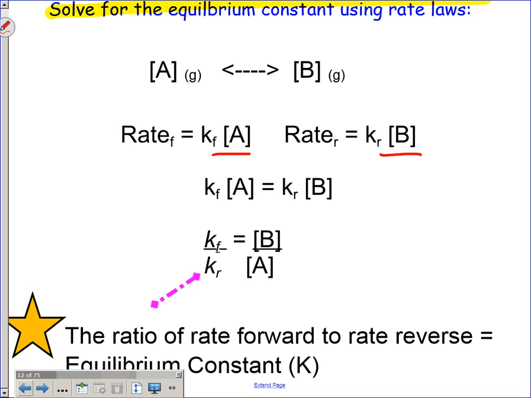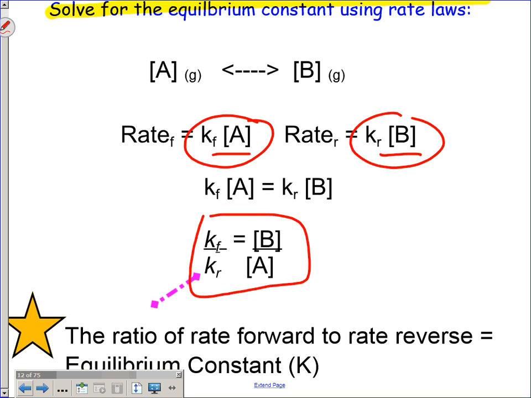Well, if the rates are equal, I can set this equal to this, which I have done right here. And then if I am looking at equilibrium, I'm looking at the comparison or the ratio of the products to the reactants. So I've taken B and I divided by A, so A came over here, and I divided by KR, which is the rate law constant K, and I put it over here. So I got this. Well, then you're like, well, what does this even mean?